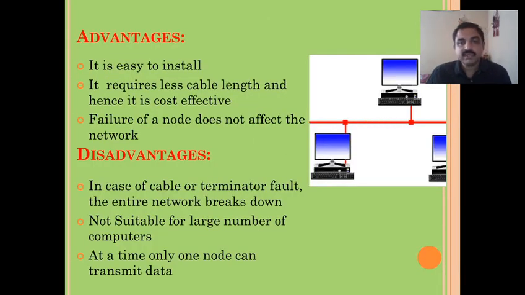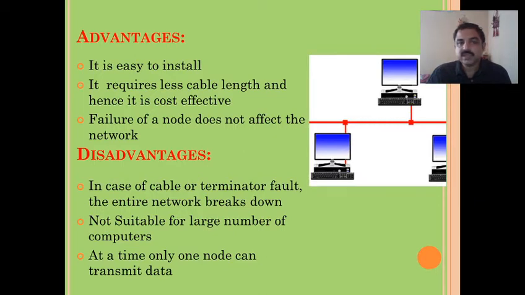So what are the advantages? Each topology has its own advantages and disadvantages. The advantages of bus topology are: it is easy to install, it requires less cable length, and hence it is cost effective.